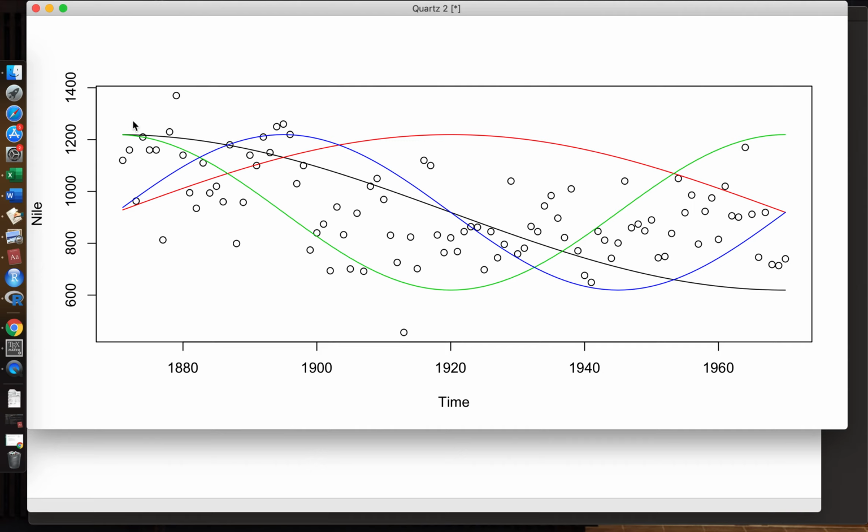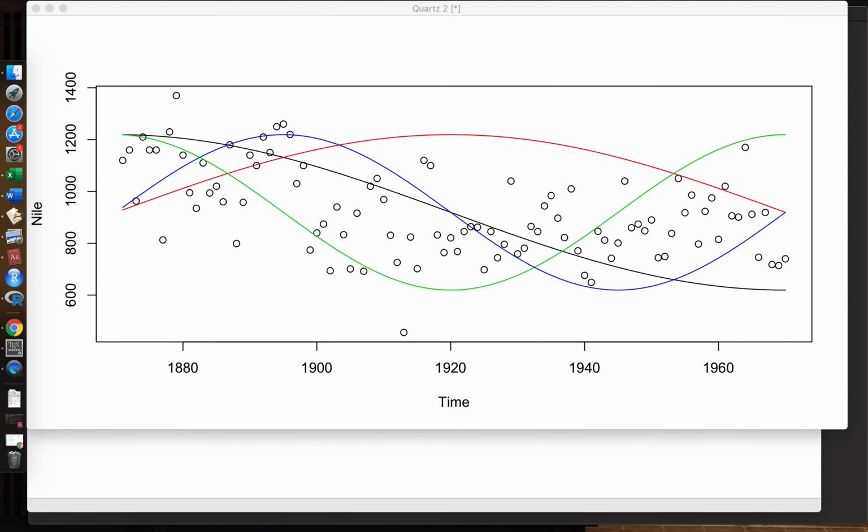The black one is the cosine curve with lower frequency, so the period is 200. The red curve is the sine curve with lower frequency. The green curve is the cosine curve with higher frequency, so the frequency is twice as large as the black one. And the blue one is the sine curve with higher frequency. So we use these four curves to fit this data.